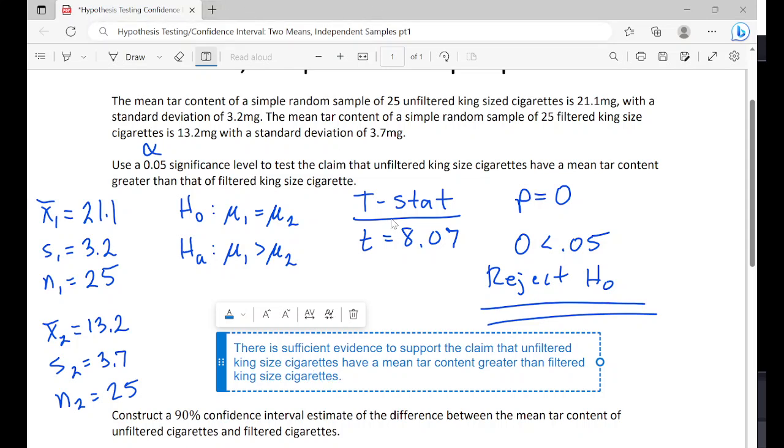So we have enough evidence to support the claim that unfiltered cigarettes' mean tar content level is greater than the filtered. Filtered has less, which makes sense because it filters it out.